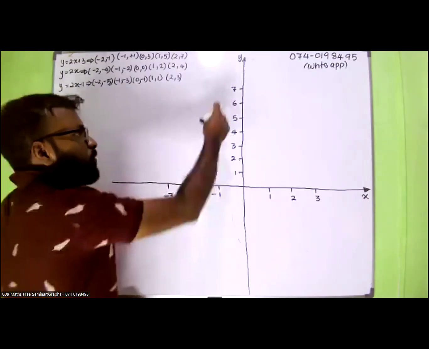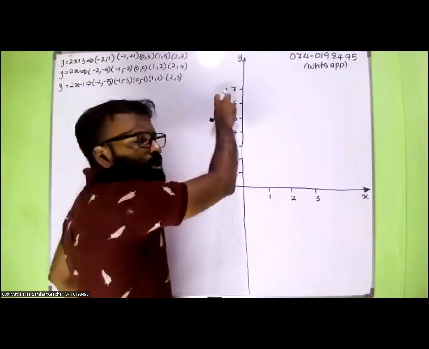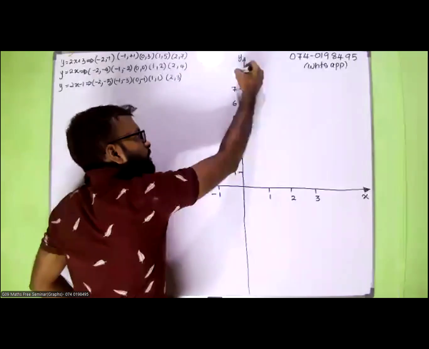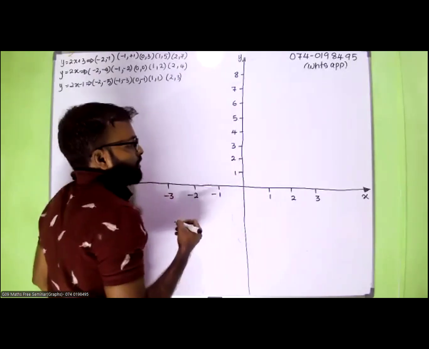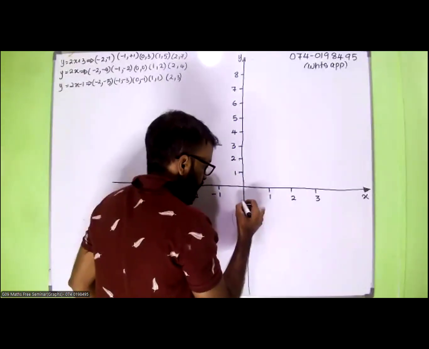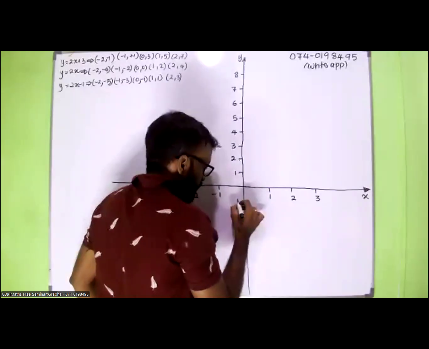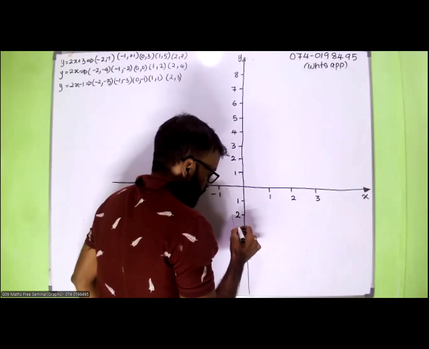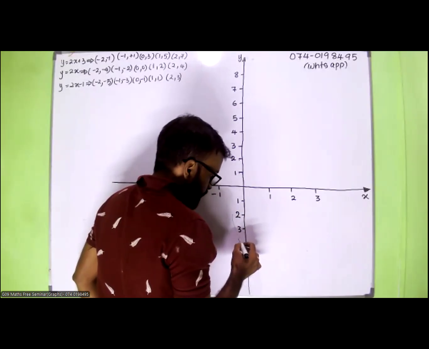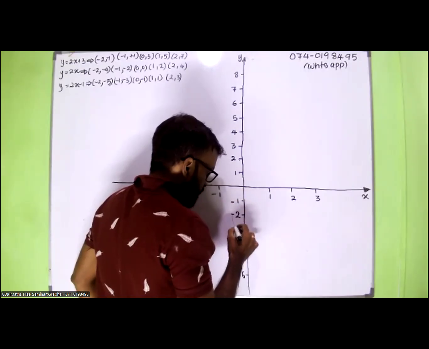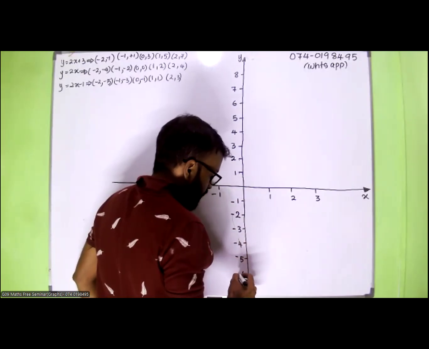If I use good practice, since 7 is the maximum value in the range, I will mark up to 8 on the positive side. On the negative side, I will mark up to -6: -1, -2, -3, -4, -5, -6.